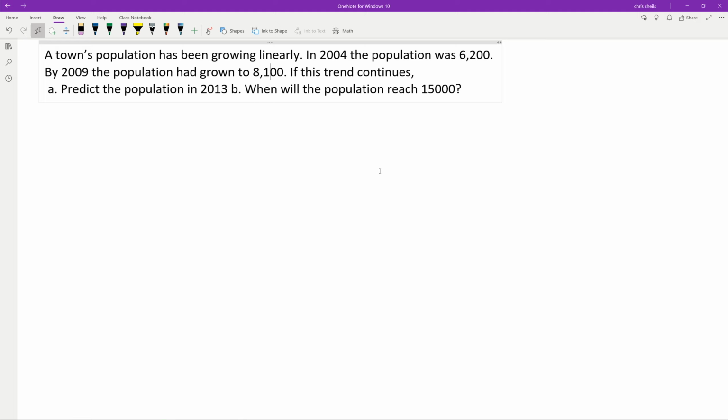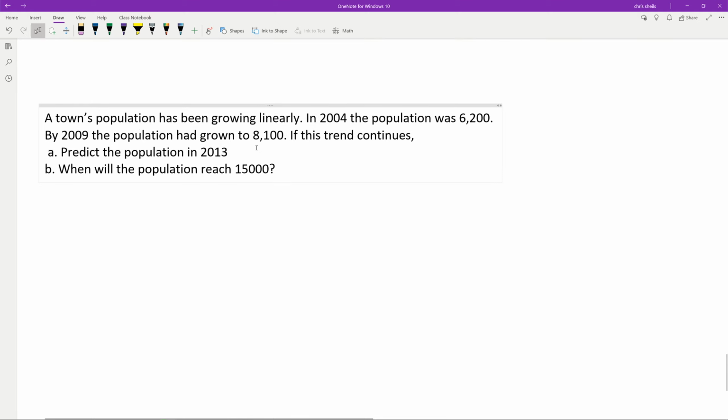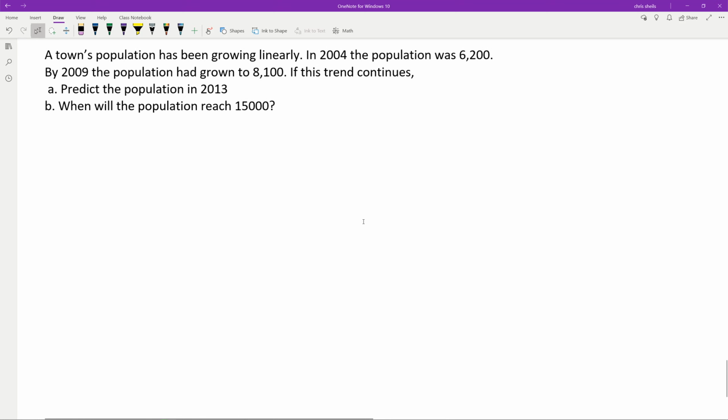Let me separate this on a different line here. So let's see. Notice that I have 2 inputs and 2 outputs, right? I have 2 years and I have 2 population numbers.